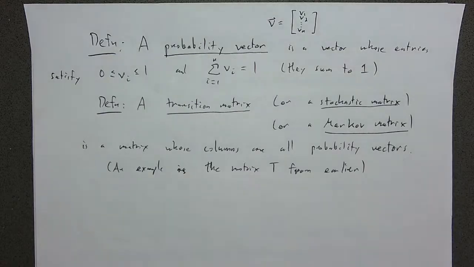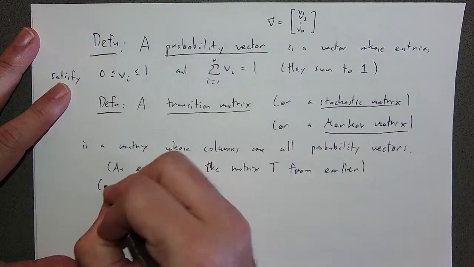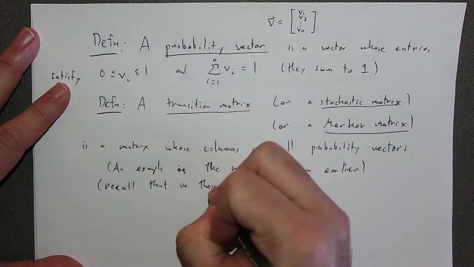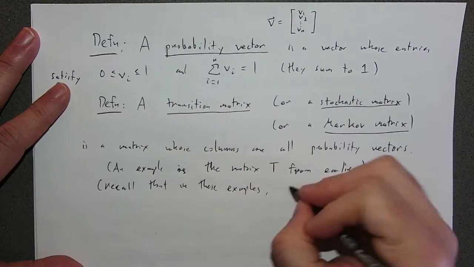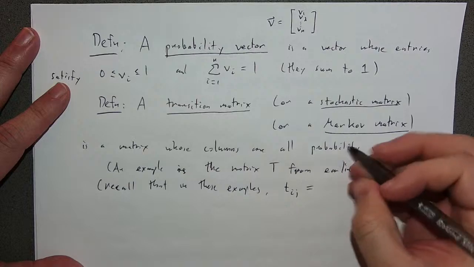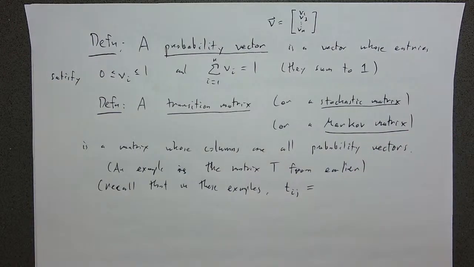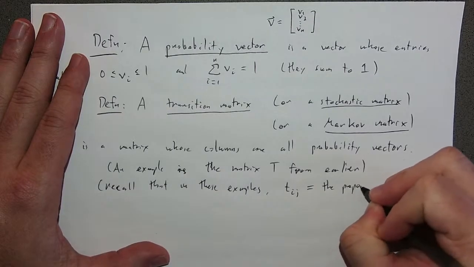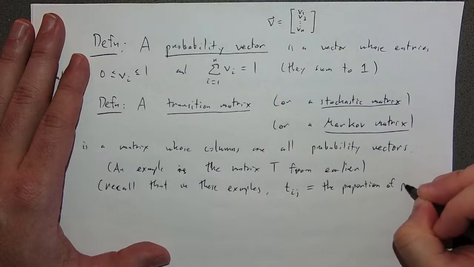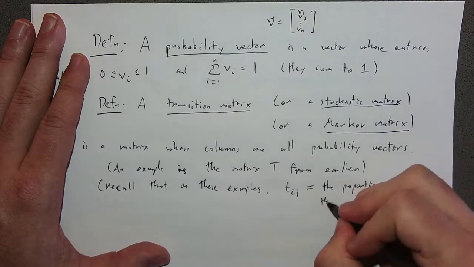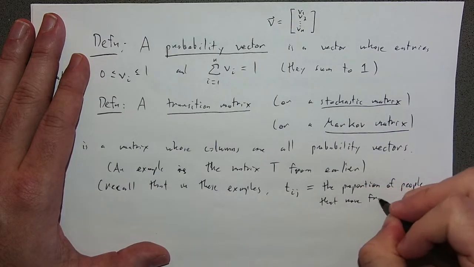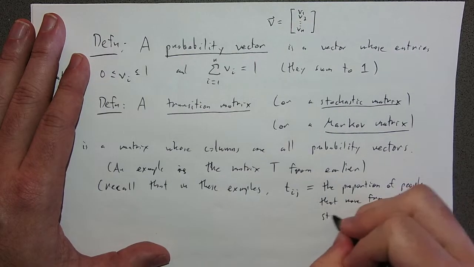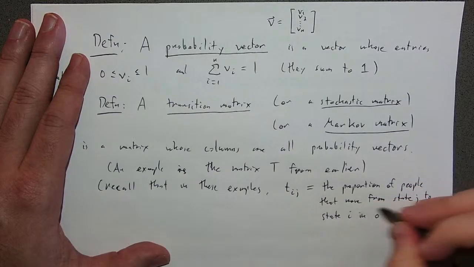Recall that in these examples, T sub ij was equal to the proportion of people that move from state j to state i in 1 step.